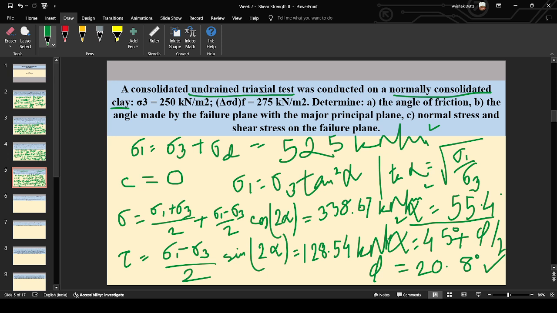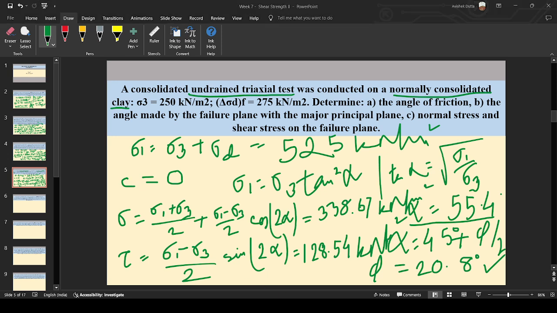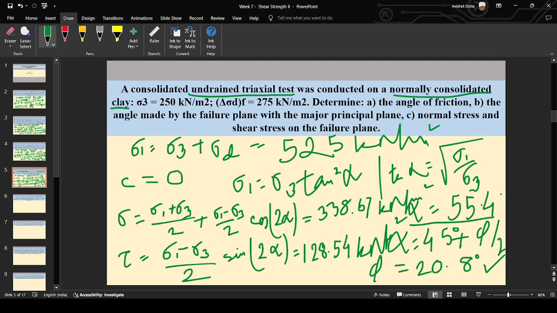For part C, the normal stress sigma equals 338.67 and the shear stress tau equals 128.54 using the given equations. I hope it was clear. Next question.